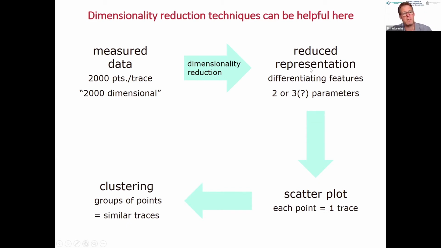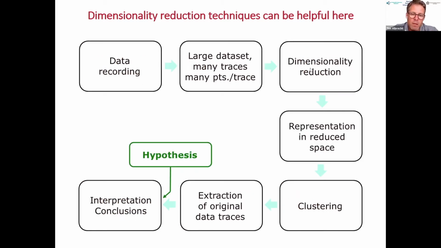Let's say you've got 2 parameters characterizing each trace. You can then produce a scatter plot where each point corresponds to a trace that initially had 2000 data points. With the scatter plot, you can then use clustering methods and extract groups of data points that are close together in the scatter plot. By implication, that means they are similar in the original data trace, and then start to analyze the data going forward.